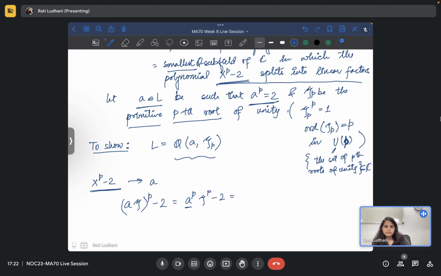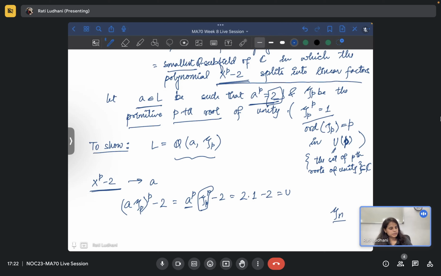A raised to power p is given to be 2, so this is 2, and zeta raised to power p would be what? Sometimes I forget what p is. So zeta_p denotes the pth root of unity. If we write zeta_n, it is the nth root of unity. So a raised to power p is 2, this is 1, this is 2, so this is 0, right?